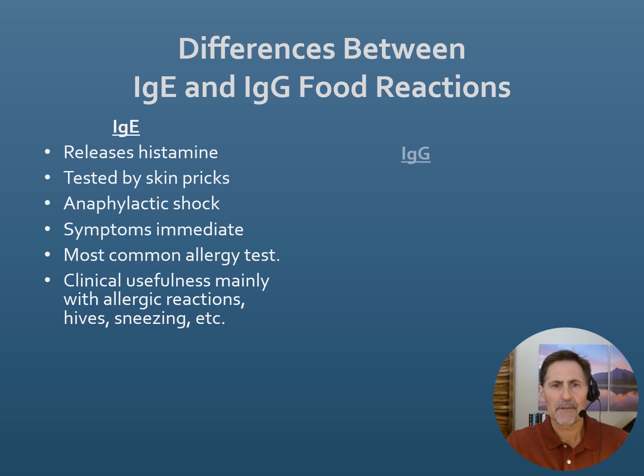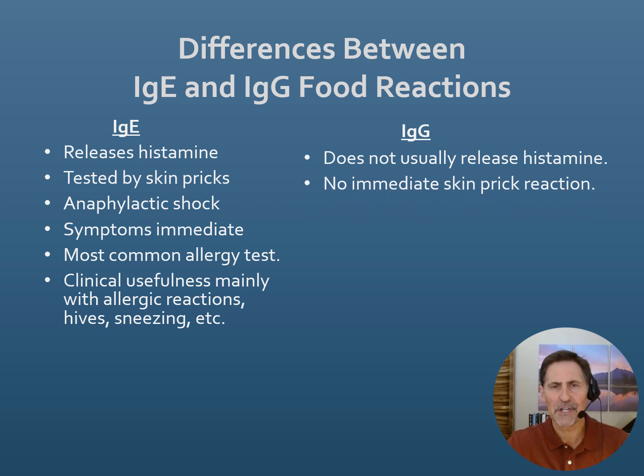But the IgG reactions are actually more common. There are many more people that have IgG reactivity to food than to IgE. It doesn't typically release histamine, at least not a significant amount. You don't get the immediate effects. It's more of a delayed hypersensitivity reaction, no anaphylactic shock.